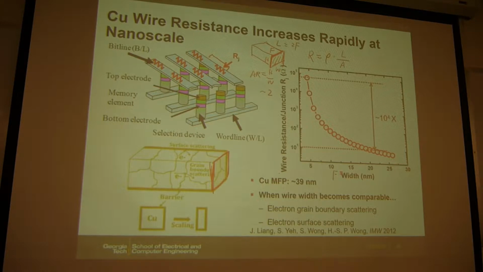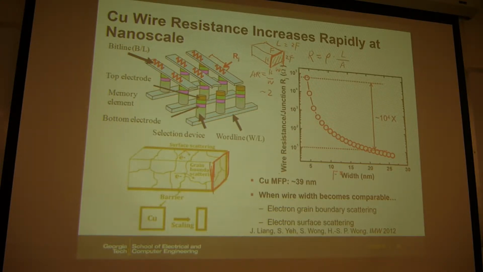That means the height is about 2F. You get that information, then calculate the resistance per segment, and depending on how many cells are along that wire, you will get the total wire resistance for that word line or for that bit line. Okay, so this is how you calculate the resistance.